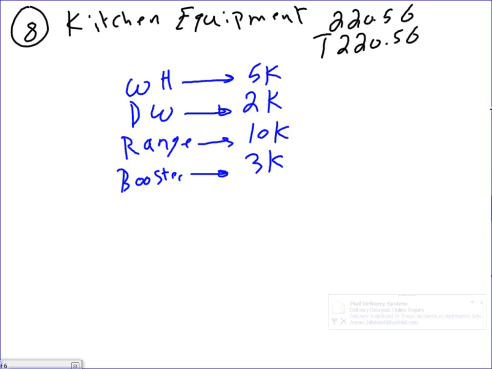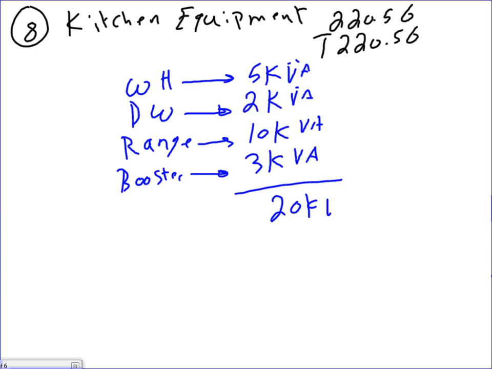All these are kitchen related equipment, all in volt-amps. If you add them all up, you end up with 20 kVA.